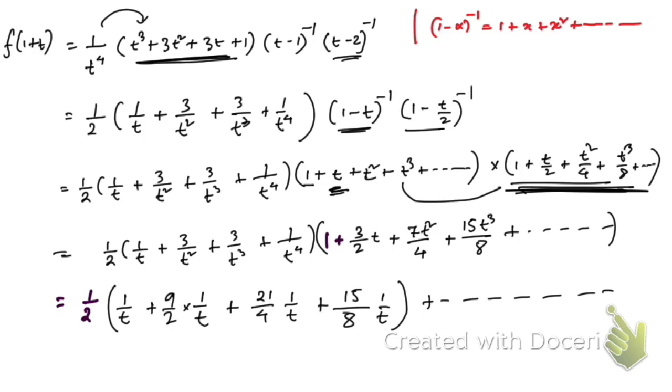So now let us take 1 by t common. Here you're going to get 1 plus 9 by 2 plus 21 by 4 plus 15 by 8. If you take 1 by t common, you see the coefficient of 1 by t is this.